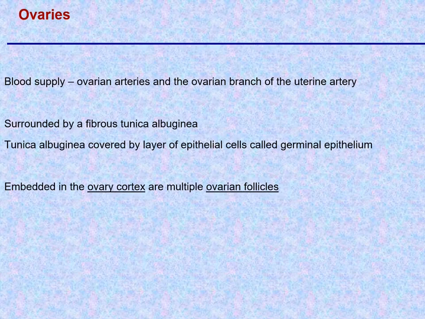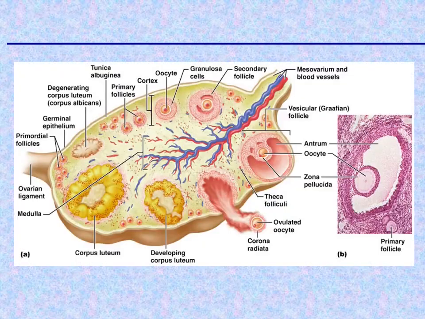And that idea is shown here in this next slide, but it's simplified. What you have are many of these primordial follicles scattered throughout the outer region, the outer cortex of the ovary. And what this artist has done is show that one starts to differentiate and mature and can be found through time maturing through these different phases.